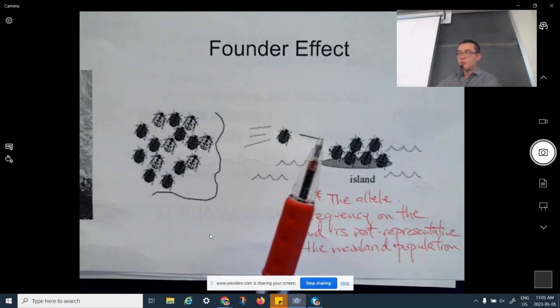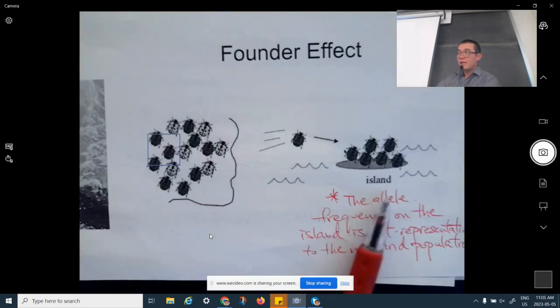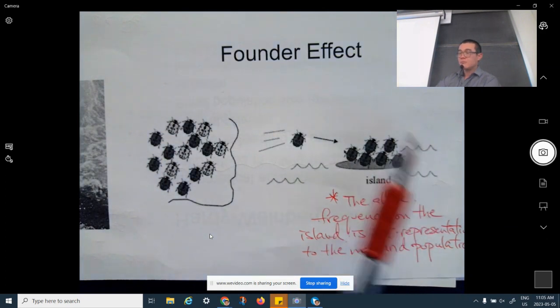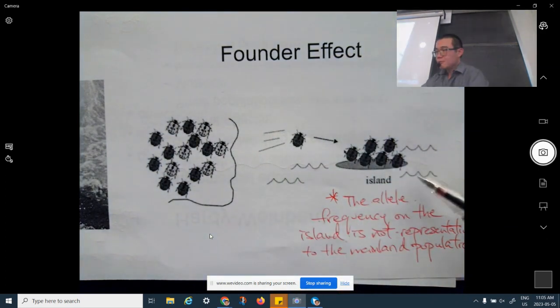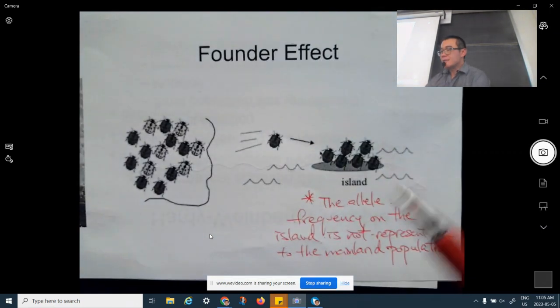But when one or two individuals of the darker ones go to the island and settle there, after a few generations, pretty much all of the ladybugs on the island would be dark color, because the founder of that population was of that particular one. So in this case, the allele frequency on the island is not representative of the mainland population.